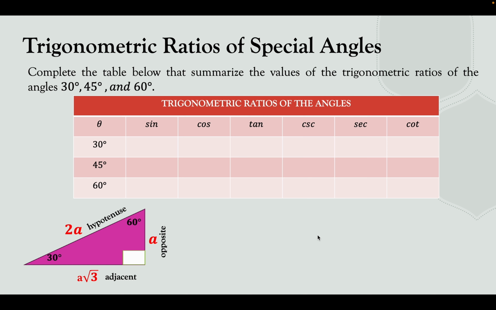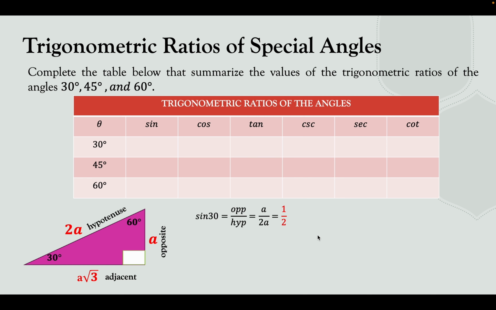As you can see in the illustration below, we are referring to the 30 degrees, so side a is the opposite side, the adjacent side is a square root of 3, and the hypotenuse is 2 times a.